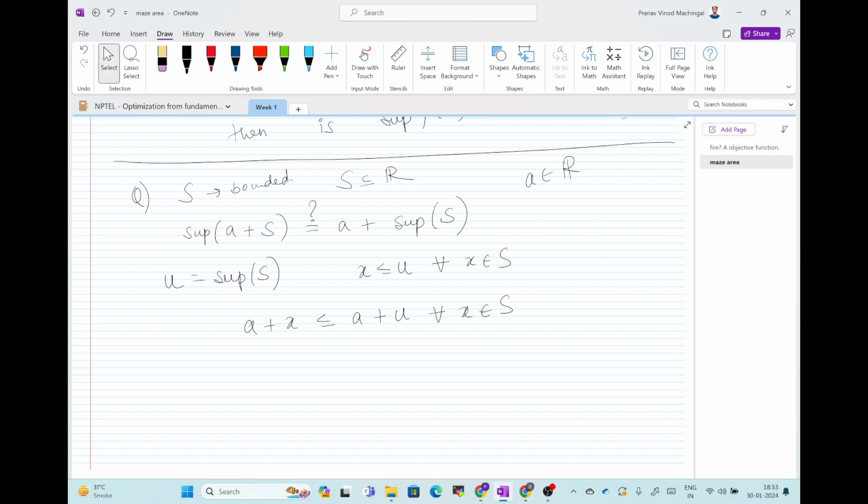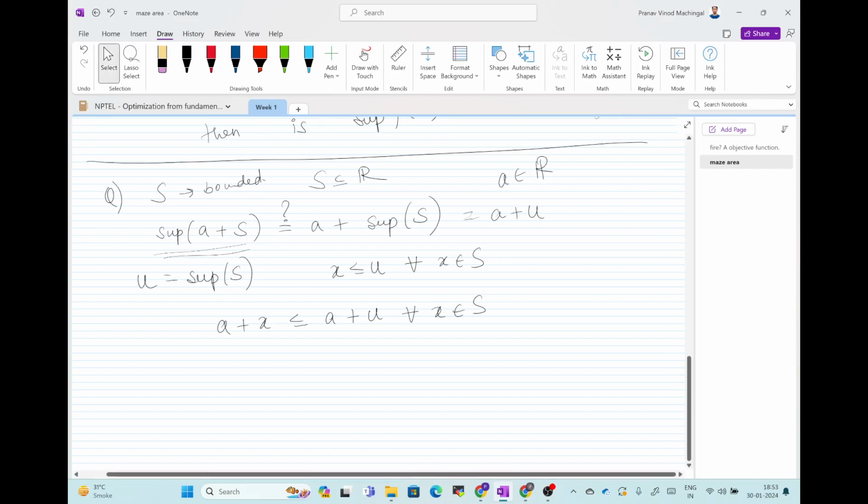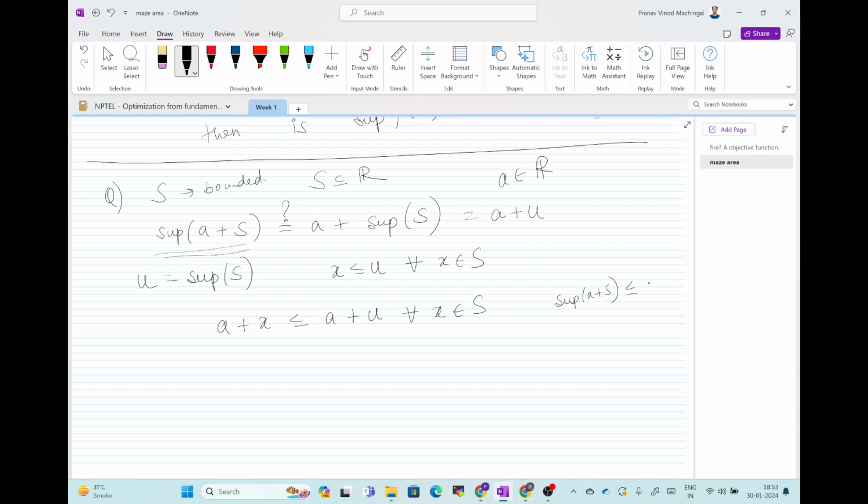So this is basically our a plus u, right? The right hand side, yeah. So what is the definition of sup of a plus S? Sup of a plus S is greater than or equal to a plus x for all x in S, and it is also the lowest upper bound.